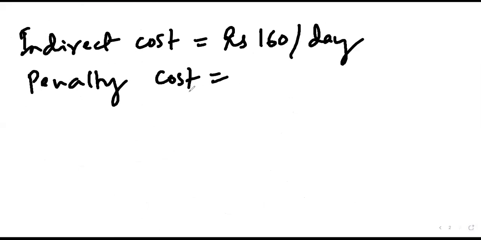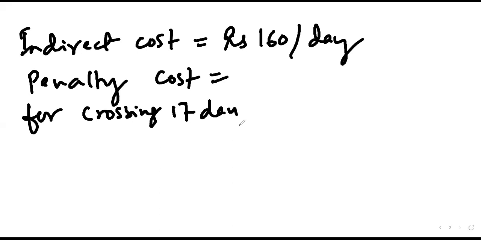Penalty cost, 100 rupees for crossing 17 days. The objective is to find the optimum plus cost. Okay. So this is done.